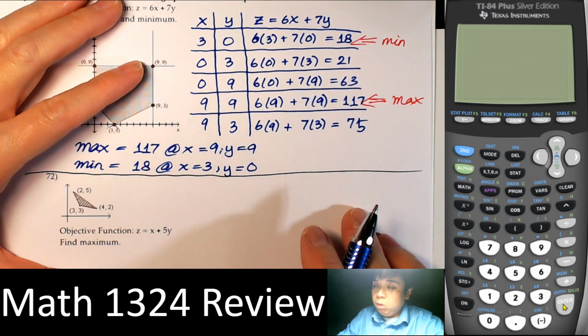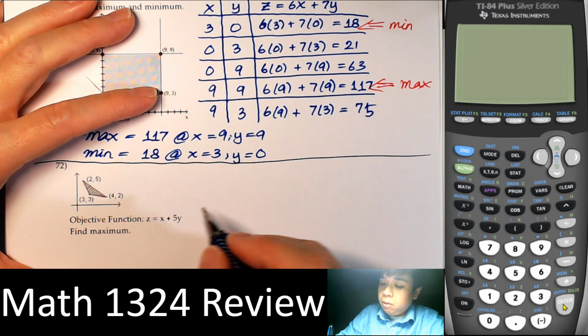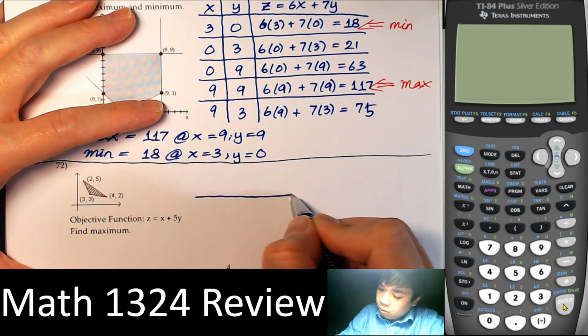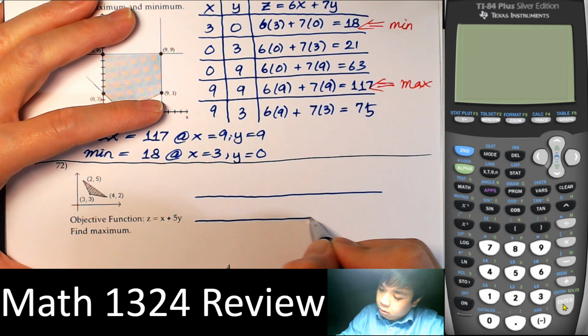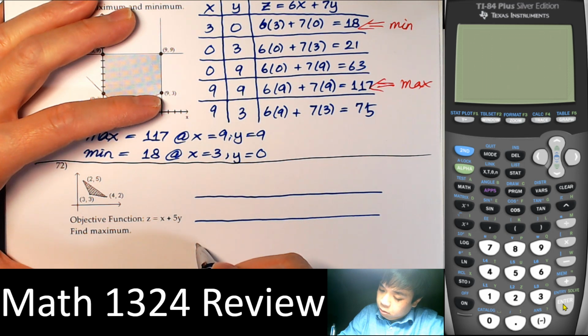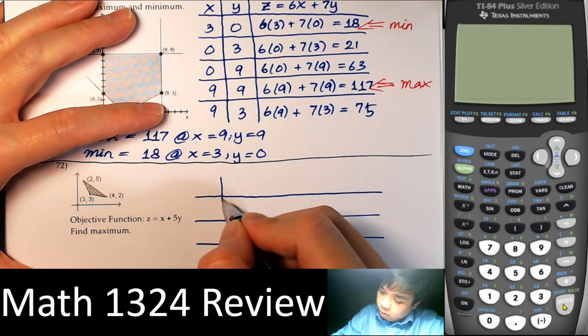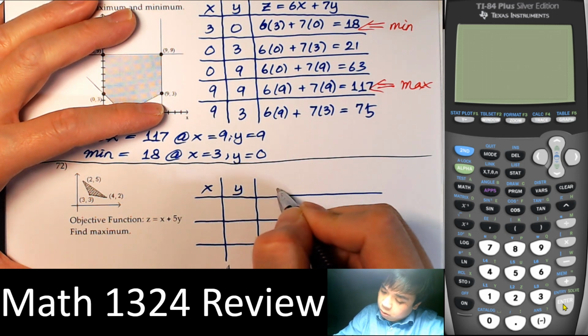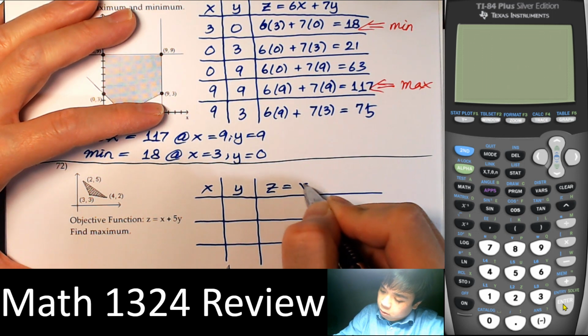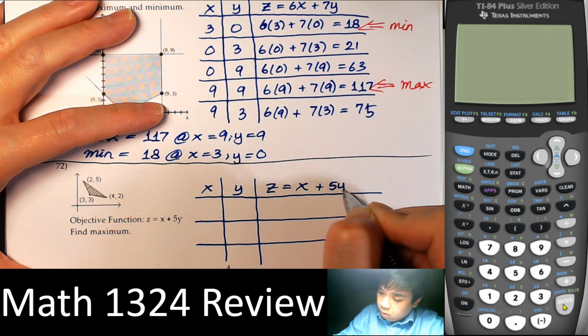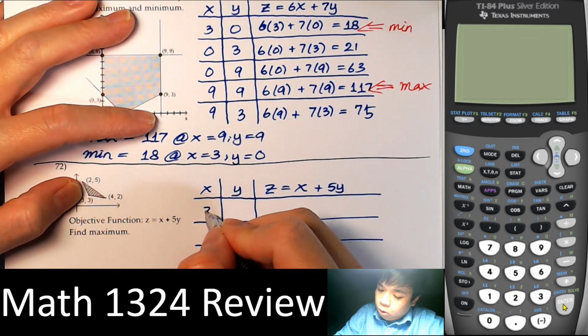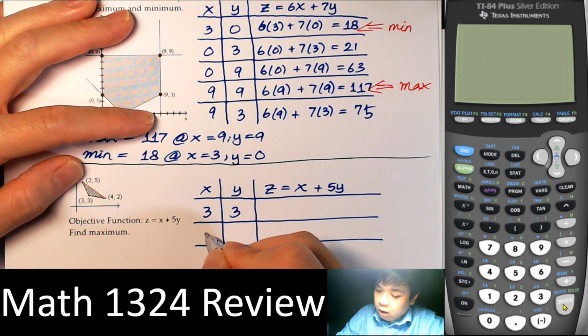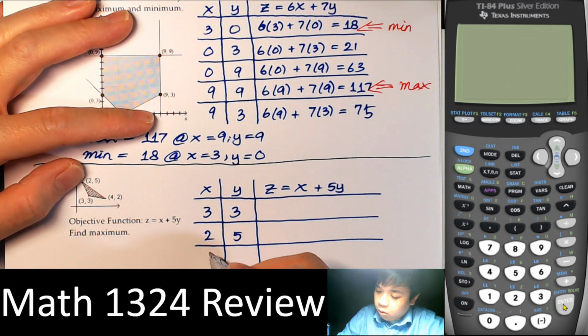Same thing here, we will draw a table. x equal to 3 and y 3, x 2 and 5, 4 and 2.